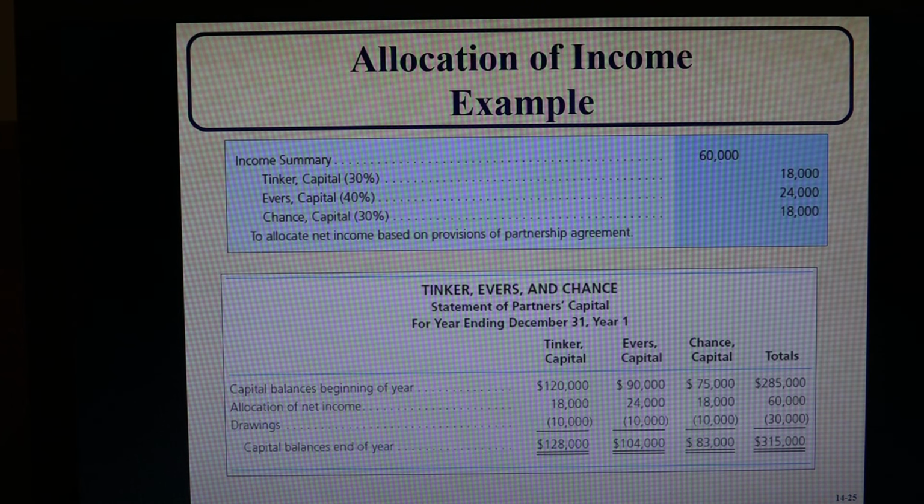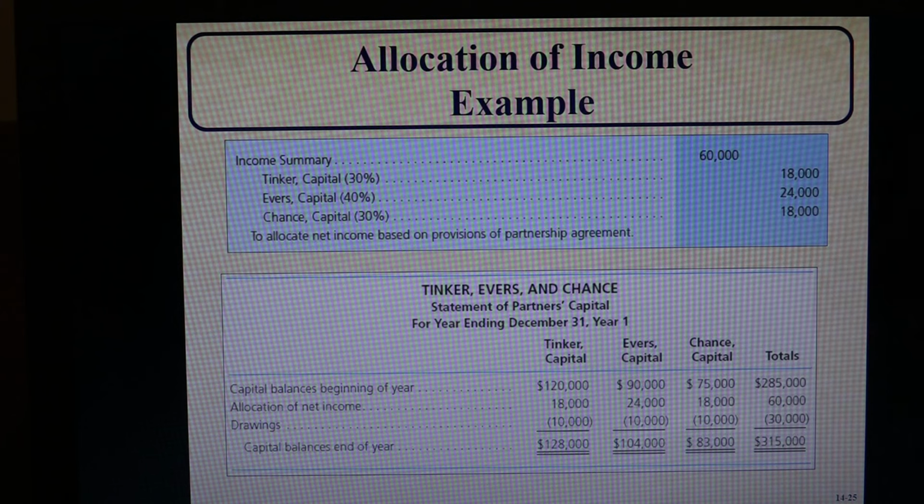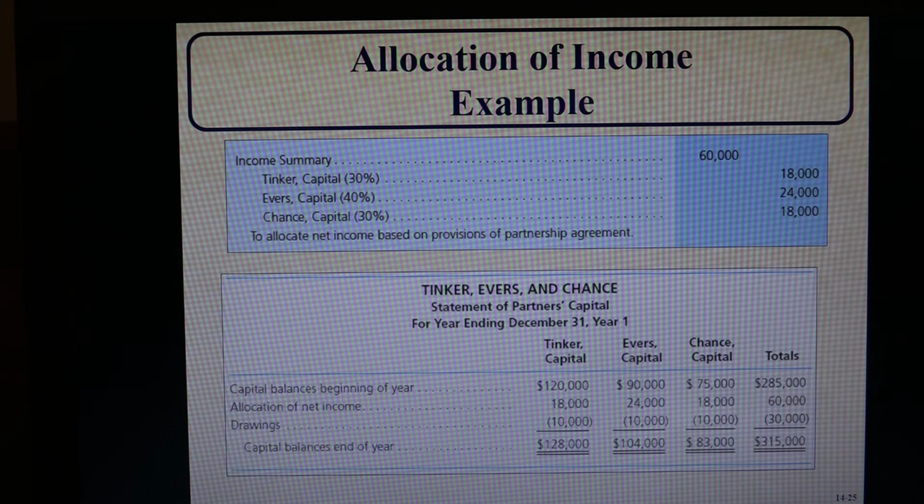The other part of that entry is you're going to reduce each partner's capital account. So that is your debit. So for each one of these partners, they have a debit, a reduction in their capital account of $10,000. So you have to keep that in mind, make sure you look at that in the book.